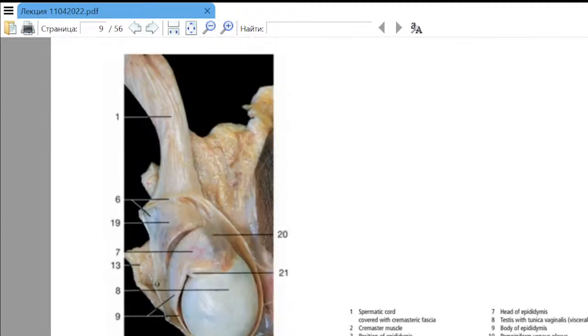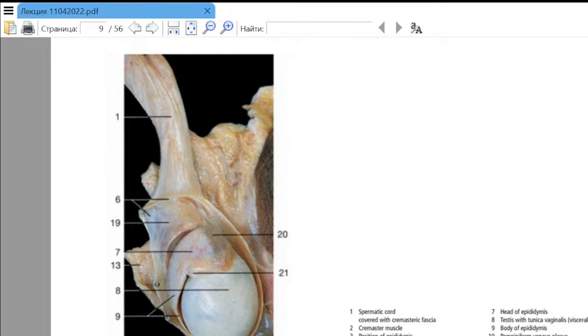You see the testis and epididymis at the lateral aspect. The tunica vaginalis has been opened. This is the lateral surface.